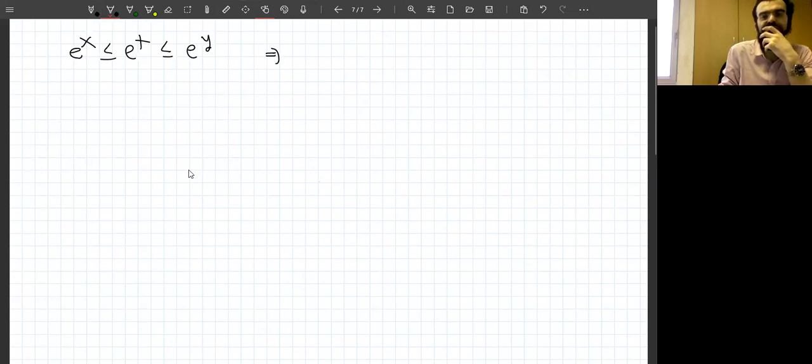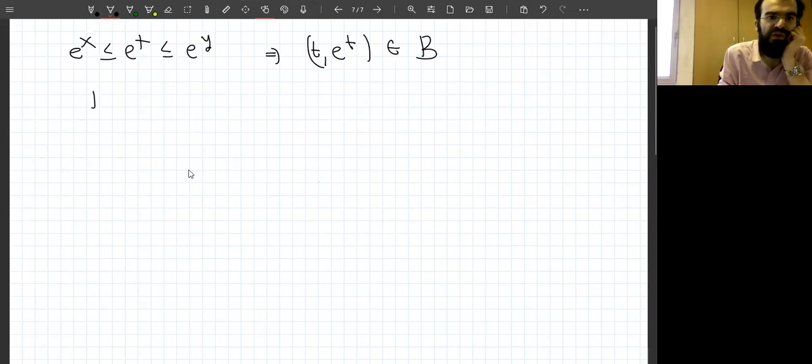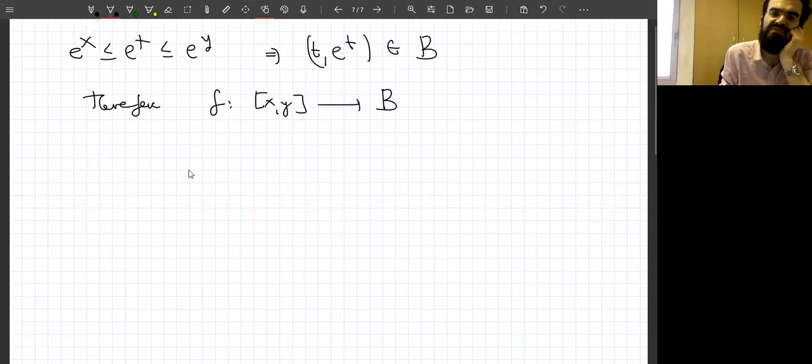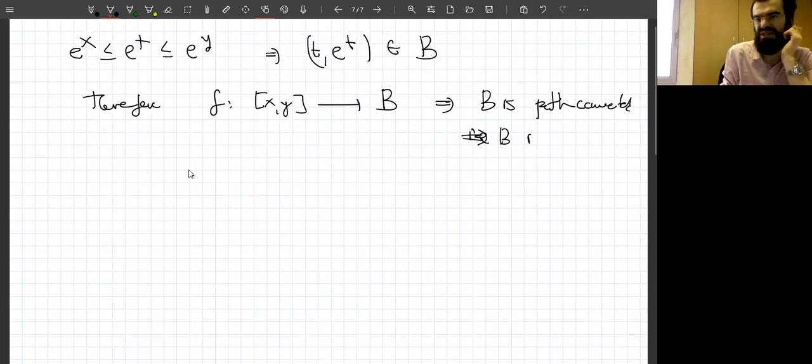This implies (t, e to the t) is in B. Therefore our map, from [x,y] into B, implies B is path connected, and also B is connected. Clearly, this function is a continuous function.